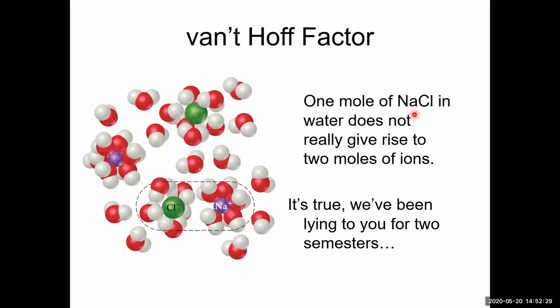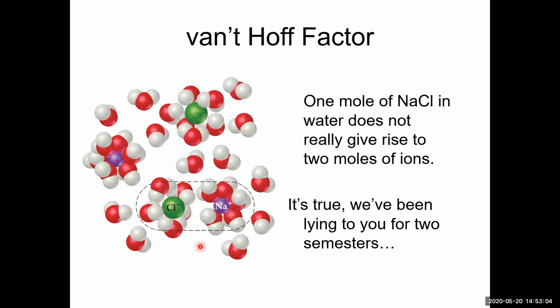Well, we've been telling you from the beginning that when you put sodium chloride into water, it breaks into a sodium and a chloride, and they both get surrounded by water and nothing recombines. Well, it doesn't work that way. Very little in nature is really 100% like that. Some of the sodium and chlorides are still surrounded by water, not part of a giant salt particle anymore, but they combine and are both surrounded by water.